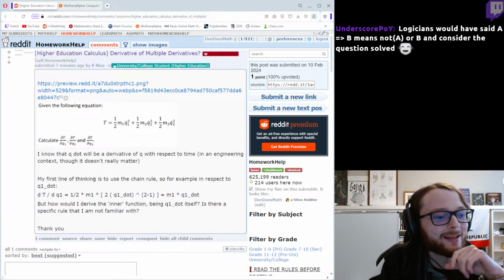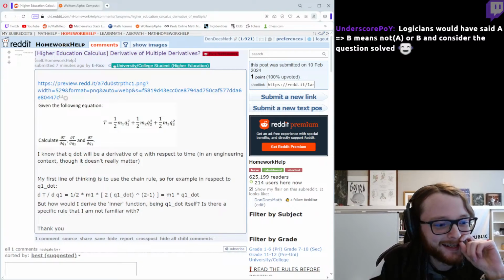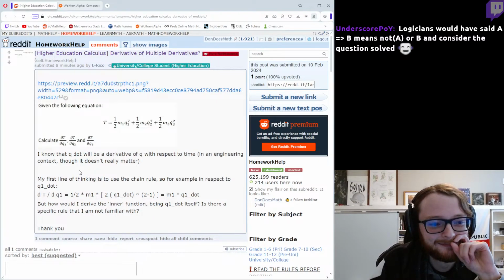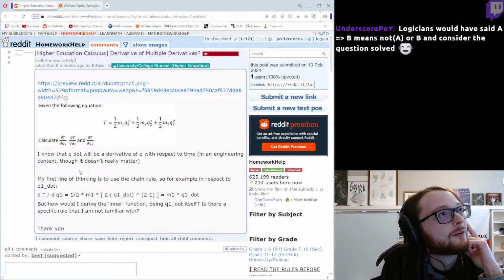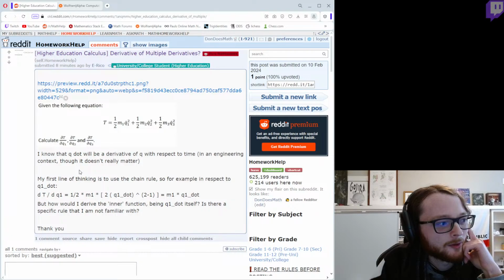Means not A or B. Those identities I have a hard time remembering. I really was weirded out when I took a, what's it called? It was called operating systems, but it really felt more like computer architecture, I guess.